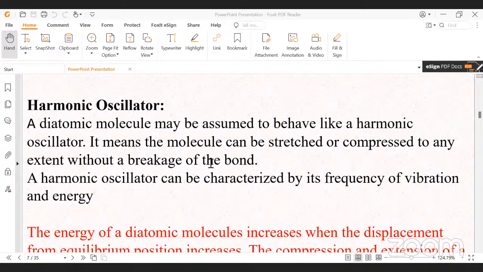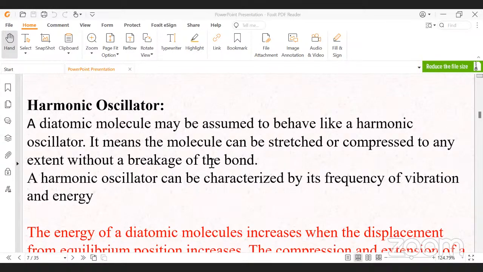For example, we have HCl. One HCl molecule has H on one side and Cl on the other. Suppose the chlorine position is fixed and the hydrogen position is changed, moving away from the chlorine.